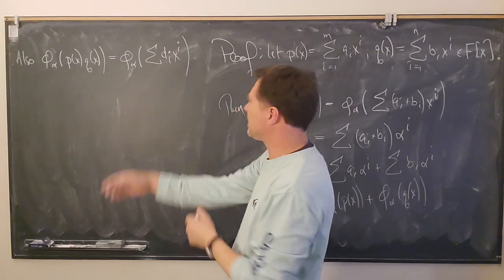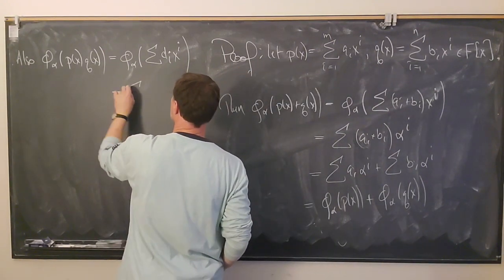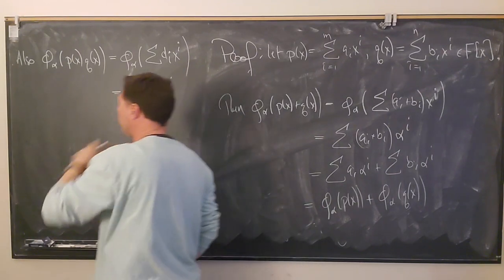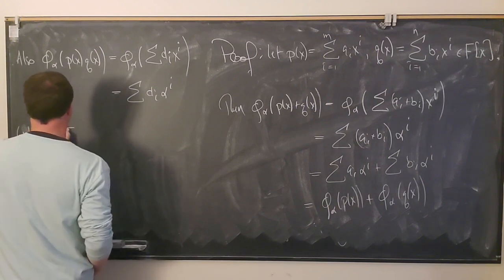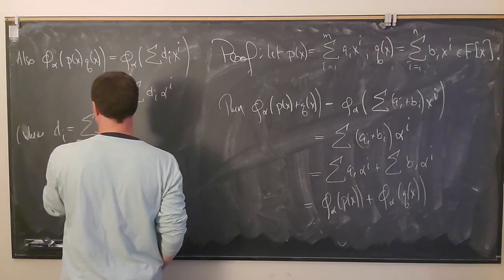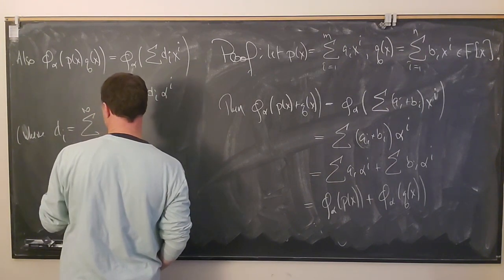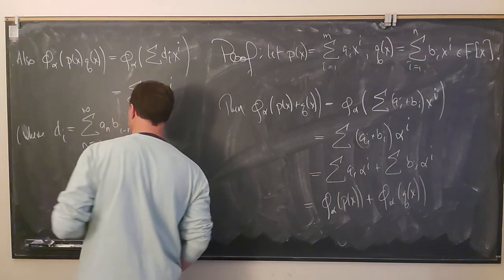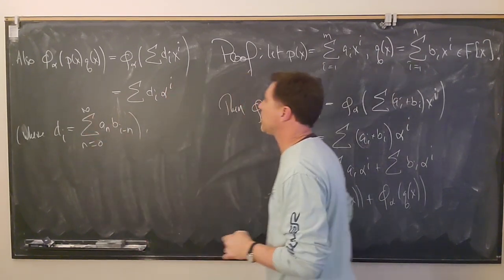I'll remind you who this d sub i is in a second, but let me plug in alpha here. So this will give me sum d sub i alpha raised to the i, where d sub i is the sum, n equals 0 to i, of a sub n b sub i minus n. Just the usual coefficient formula for multiplication.